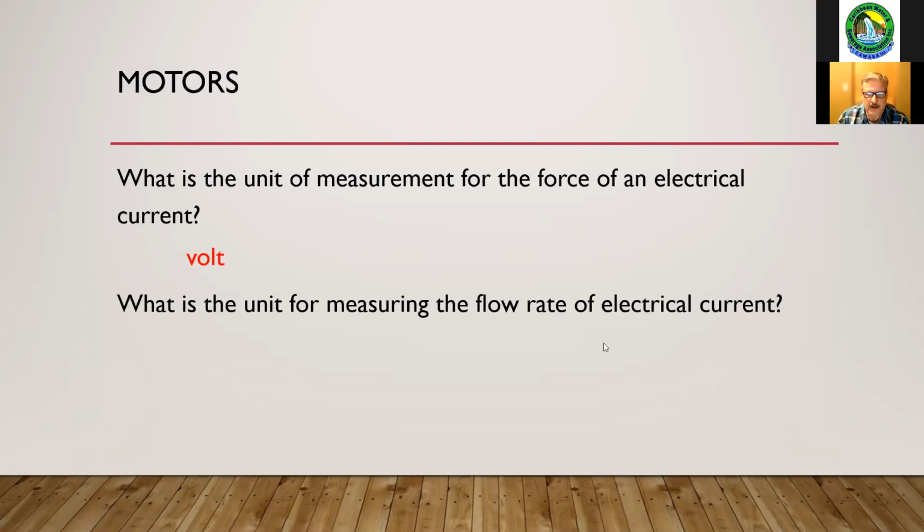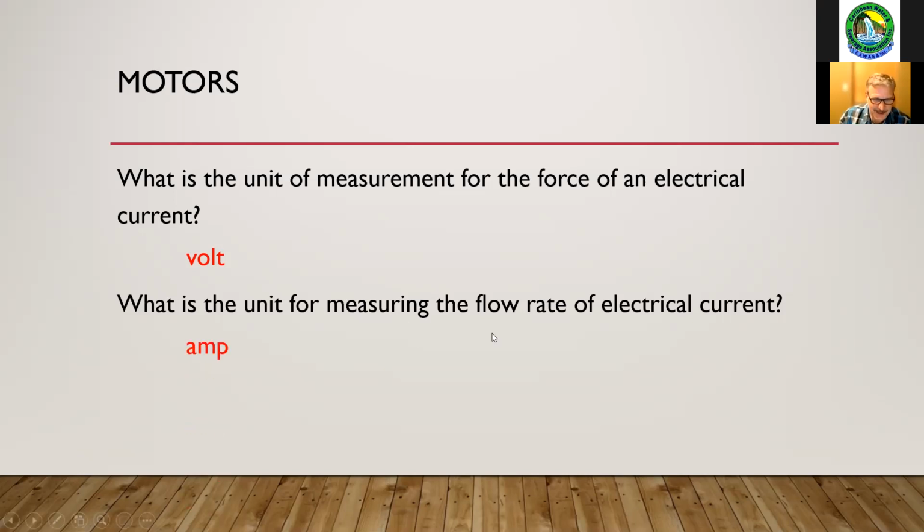What's the unit of measuring flow rate of an electrical current? Anybody want to try that?